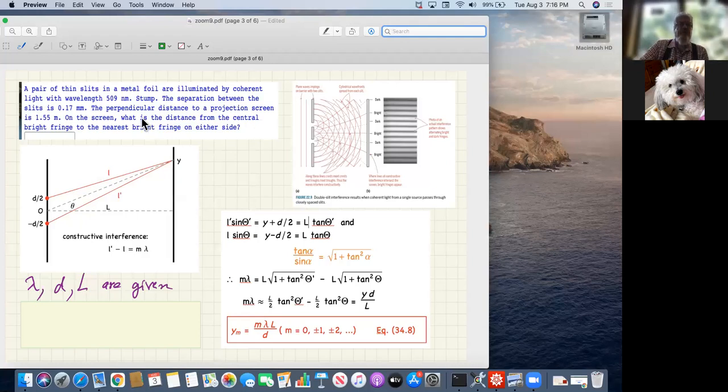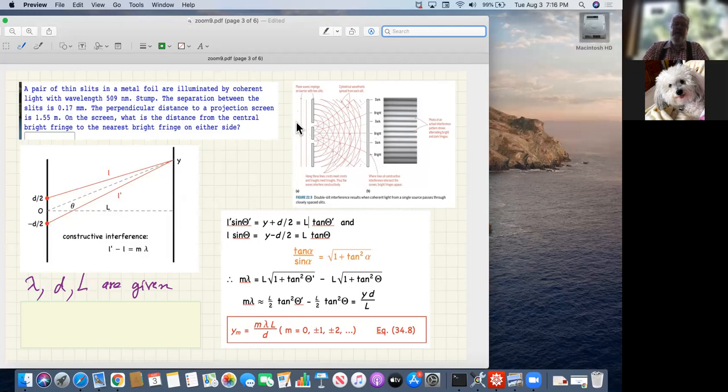This is two-slit interference. This is a combination of interference and diffraction. When light goes through an opening, it spreads out in all directions. You know, we're used to the idea that light in a uniform medium just travels in a straight line.